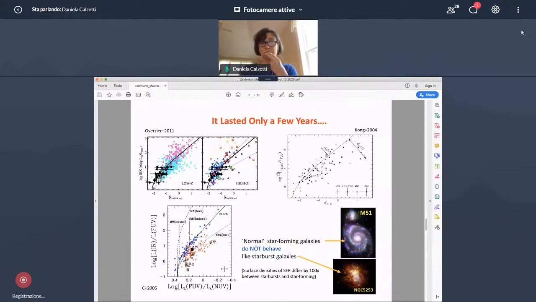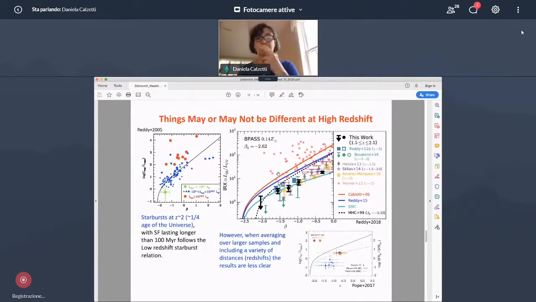Now, normal star-forming galaxies usually have star formation rate surface densities that are about 10 to 1,000 times lower than starburst, so several orders of magnitude lower, and they typically have more varied morphologies. I'm showing M51 as an example of a normal star-forming galaxy, while starburst galaxies, at least in the local universe, tend to be centrally concentrated blobs of coherent star formation, like NGC 5253, which is the galaxy shown at the bottom right of the slide.